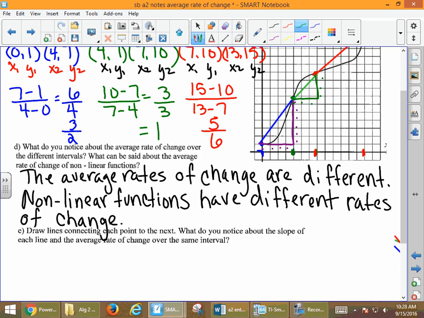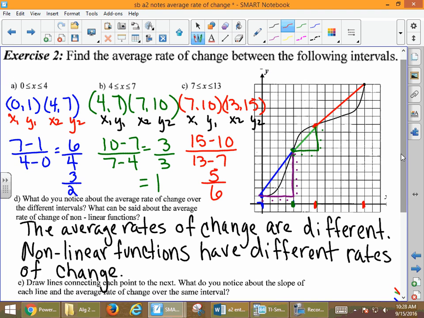Rise over run, 3 over 3. And finally, we've got 1, 2, 3, 4, 5. 1, 2, 3, 4, 5, 6. 5 over 6. What do we notice about the slope of each line and the average rate of change over the same interval?